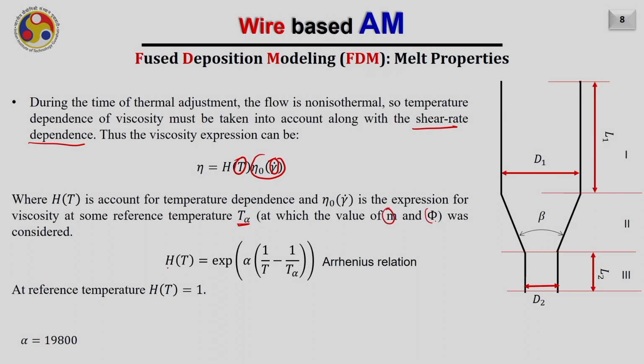Of course this function H(T) can be given as exponential of alpha times (1 upon T minus 1 upon T alpha). This is also called the Arrhenius relation, where at the reference temperature H(T) is equal to 1.